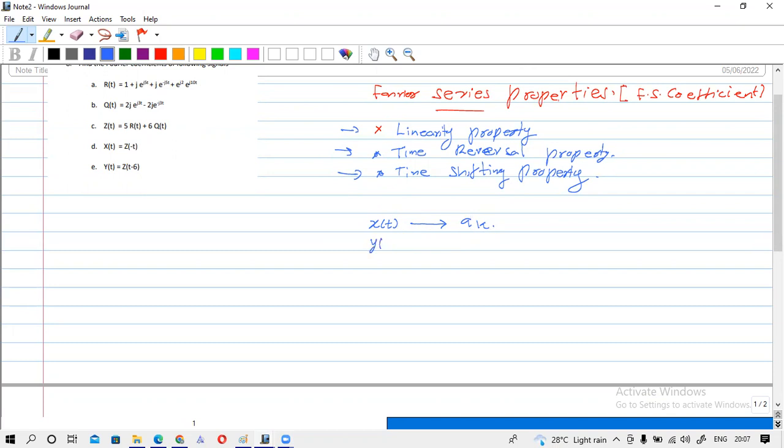In the same way, if we have a periodic signal y(t), and we get the Fourier series of this signal, let's say the coefficients are b_k. Here k can be any integer from minus infinity to plus infinity: minus 1, 0, 1, 2, 3, and so on.